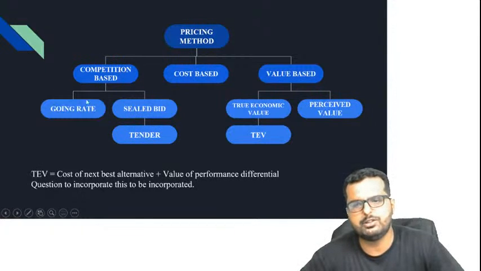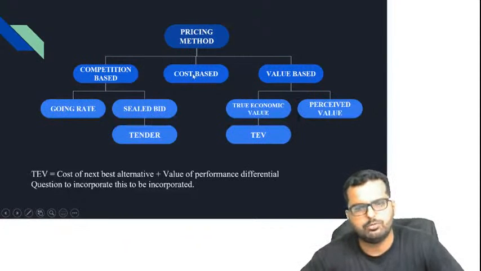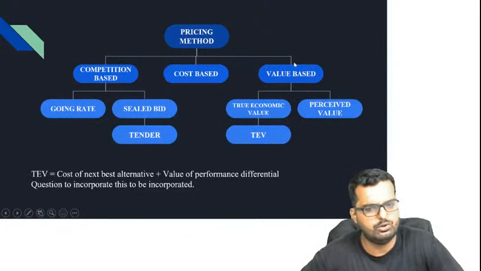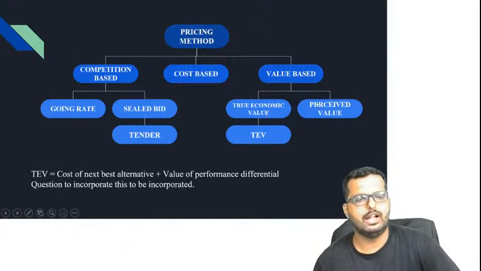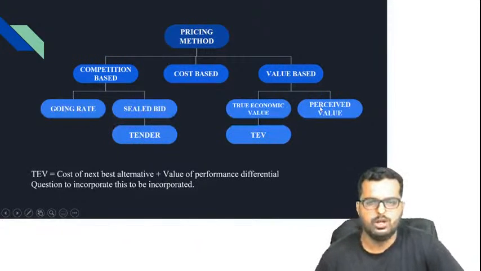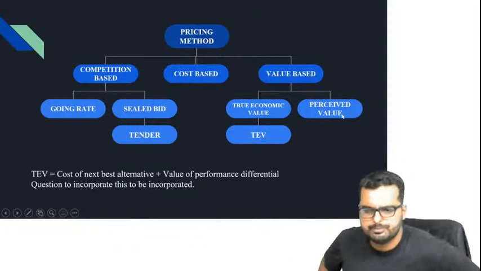Competition based pricing methods, you have going rate pricing, sealed bid pricing. Okay. Cost based we already have learned. Value based we are having two parts over here. One is a true economic value and the other one is a perceived value. I will explain these things now. Can you draw this chart in your books, all of you?